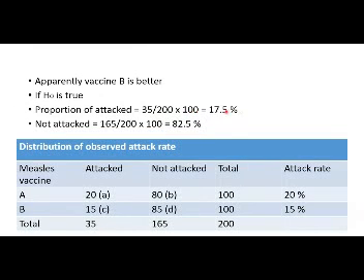When expressed as a percentage, this comes out to be 17.5%. And the non-attacked are 165 out of 200, and when we express this as a percentage, this is 82.5.